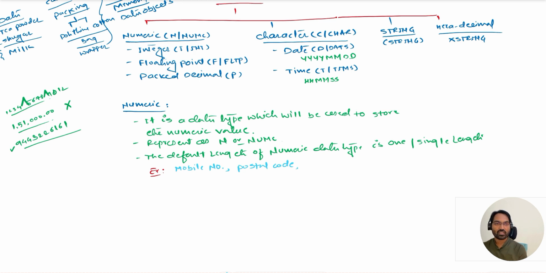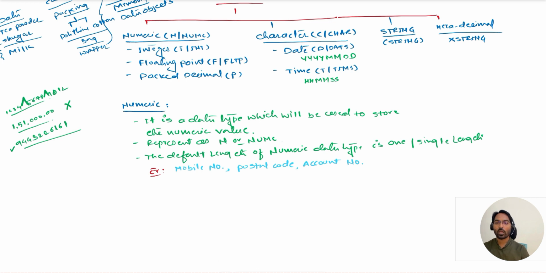Suppose it is another number that you want stored continuously, without commas, even the bank account number. But the IFSC code is always a combination of alphabets and numbers. In that situation, numeric will not support. It will take only numbers without being separated by comma or space.